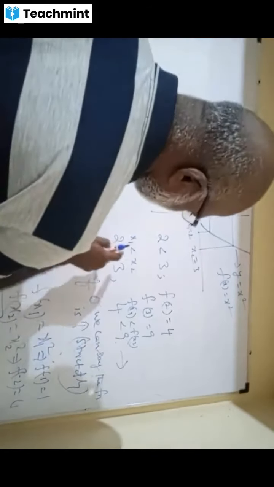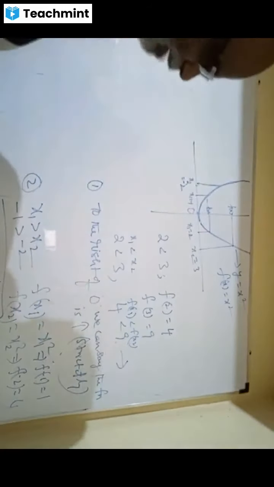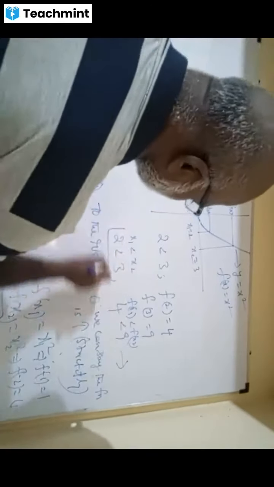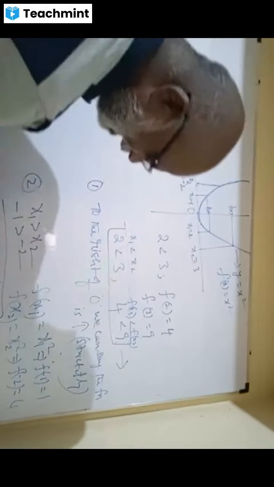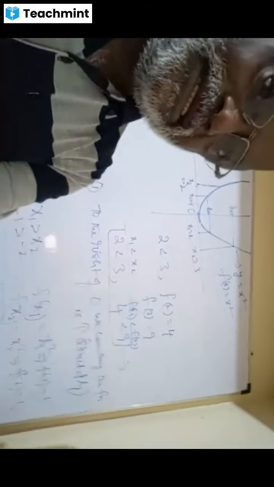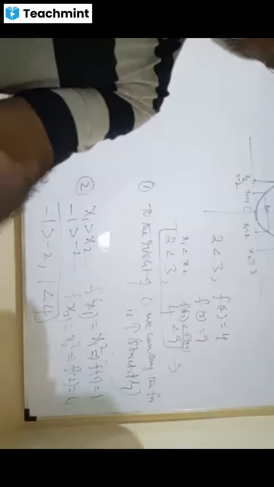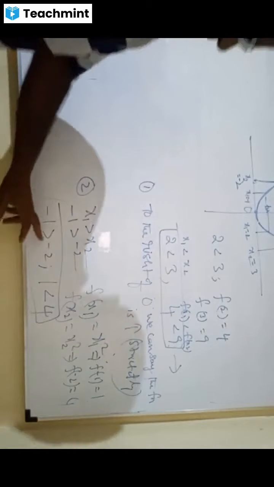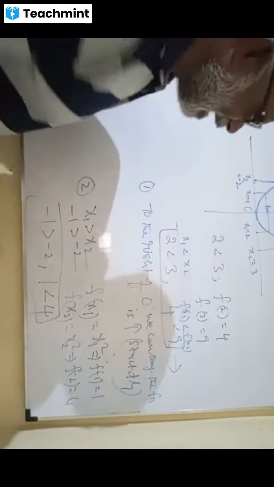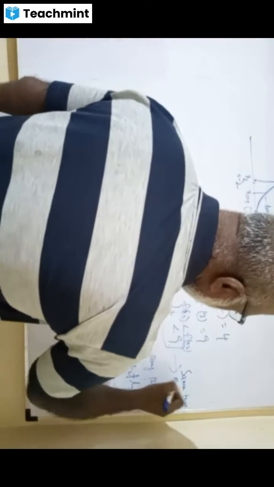The same symbol should be there for increasing, and a different symbol should be there for decreasing, my dears. Same symbols, less and less. Here, greater and less, lesser and greater. They should have different signs. For an increasing function, the same type of inequality.